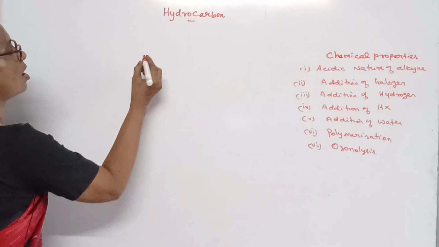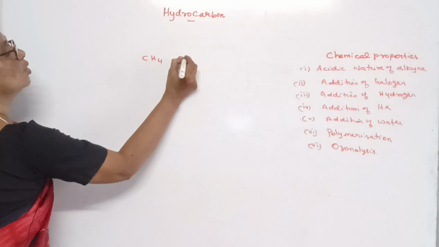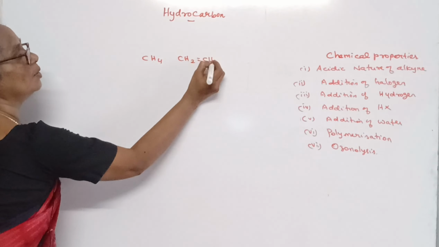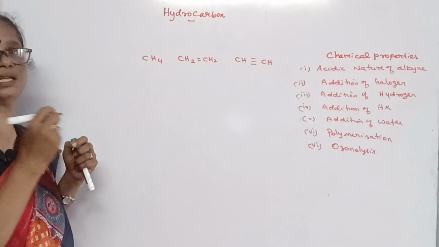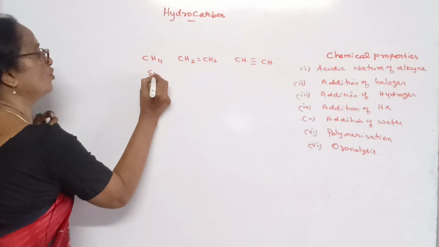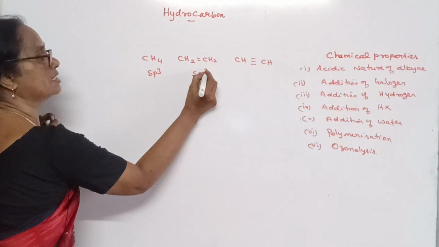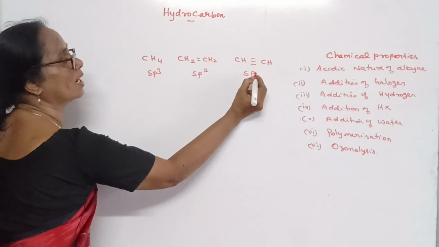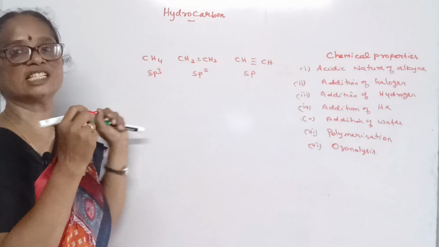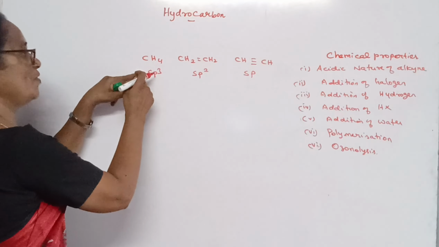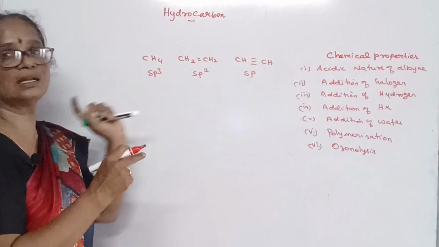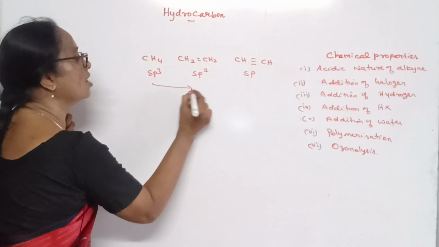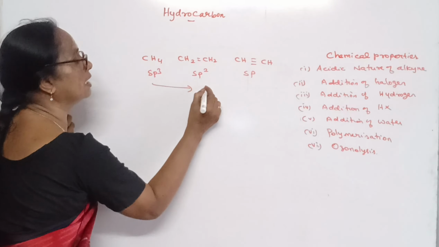So, we have the compounds CH4, CH2=CH2 and CH≡CH. CH4 has sp3 hybridization, alkene sp2 hybridization and alkyne sp hybridization. When it moves from sp3 to sp, that is alkane to alkyne, the percentage of s character increases.